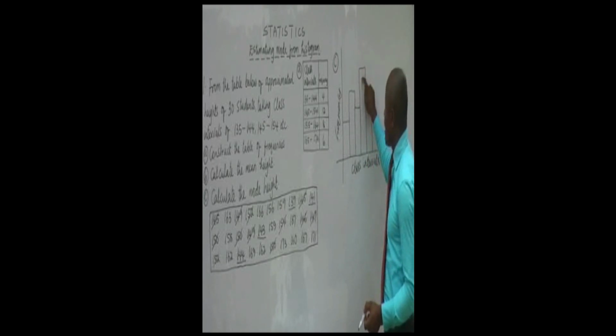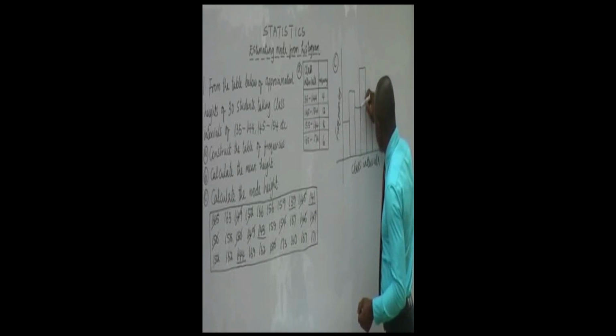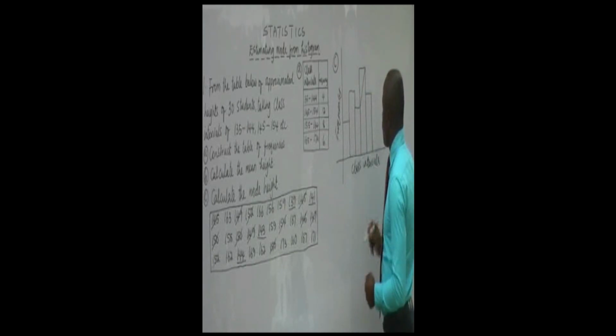Now, with this modal class, if you want to find the mode, simply draw and join the vertices of the related rectangles to the vertex of the modal rectangle in this form.